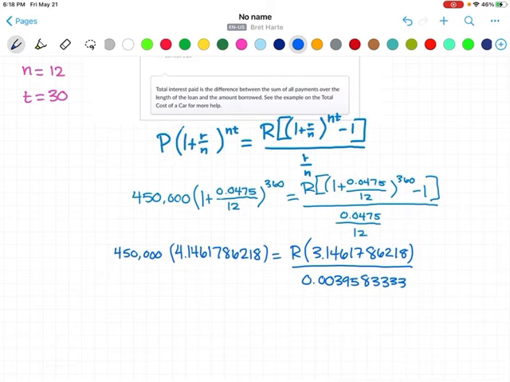Let's stick on the right side of the equation and do this division problem.